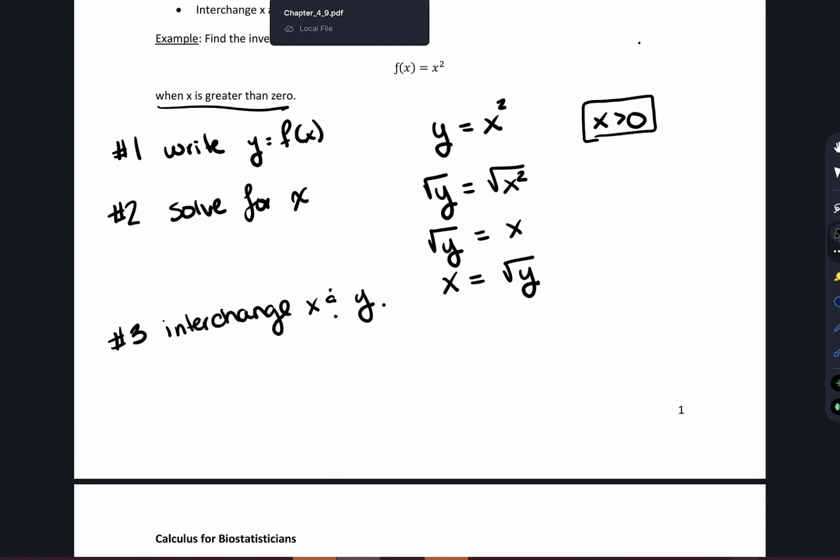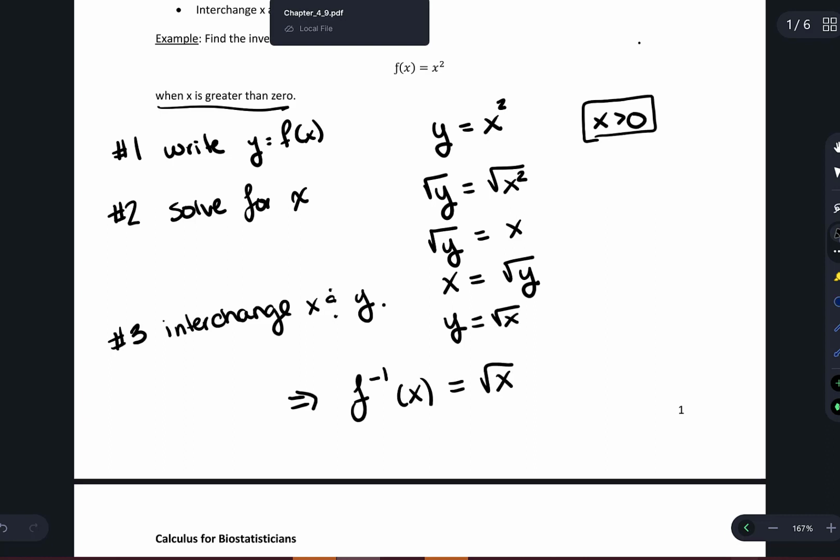So interchanging x and y, we'll have that y is equal to the square root of x. So therefore, the inverse function of f of x is equal to the square root of x.